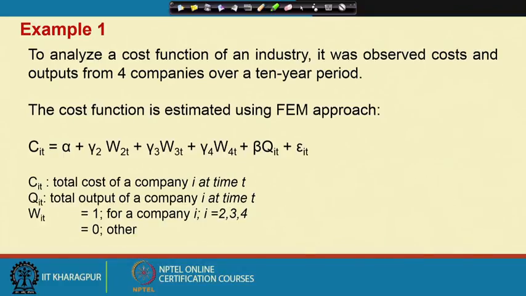That means we would like to know the relationship between cost and output with the help of 4 different companies and 10 different time periods. So, technically it has information on 4 companies with 10 different time periods. Of course, 10 time periods is small, but we can have individual company analysis.